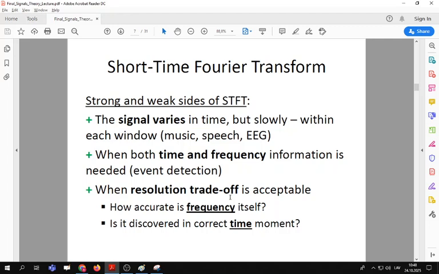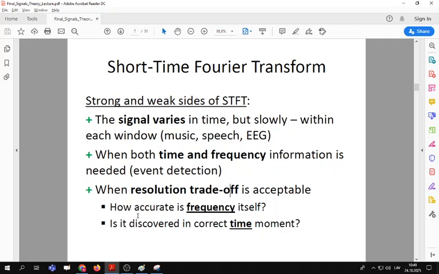Of course, you can try to get both of them medium, average, but usually we would prefer one of those parameters to be better, and we can afford to say, okay, then time detection will not be so good, but at least I got good frequency resolution.